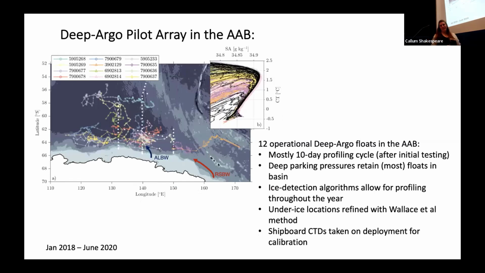This is the array of floats. So this was deployed in 2018. There were 12 floats in the array. Depending on their model, some can profile down to 6,000 meters, others can profile down to 4,000 meters.